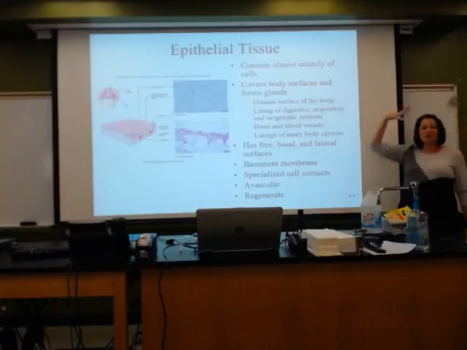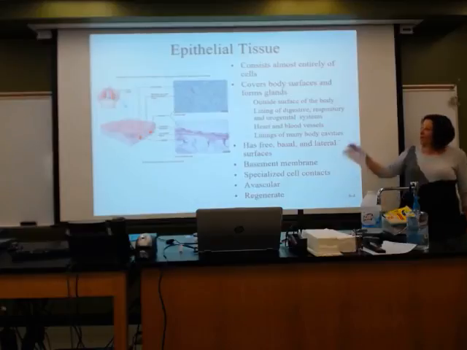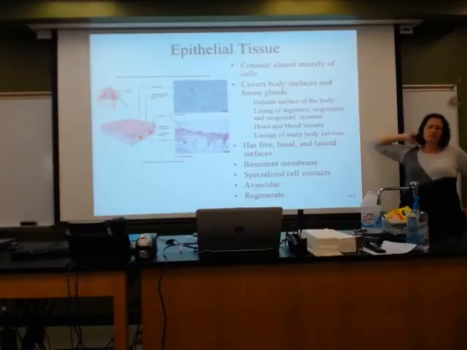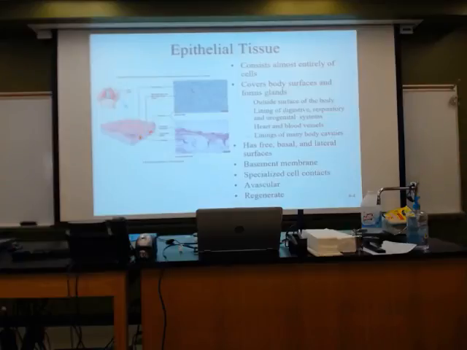it's going to help to cover the body surface, what we know as our skin, and then it will help to form certain glands. What do you think of when you hear glands? Sweat glands, oil glands, ceruminous glands.